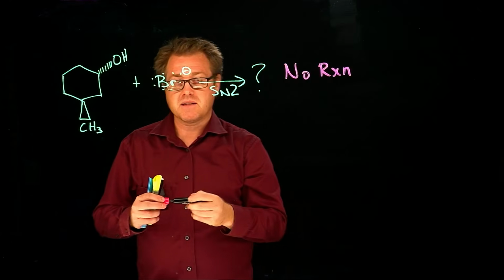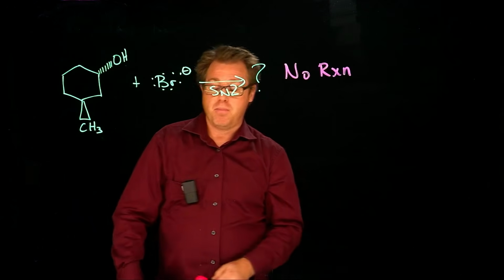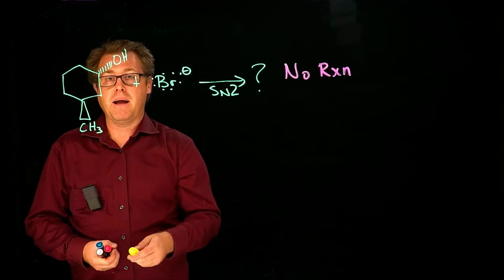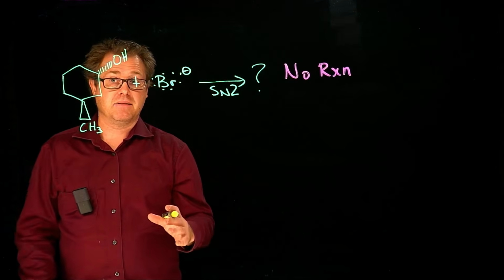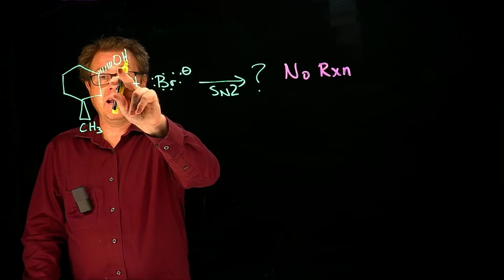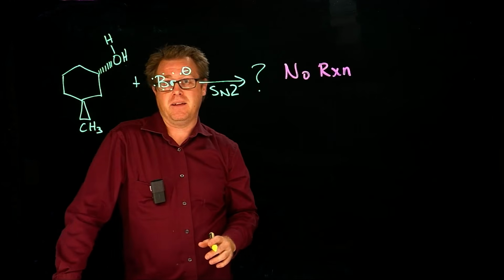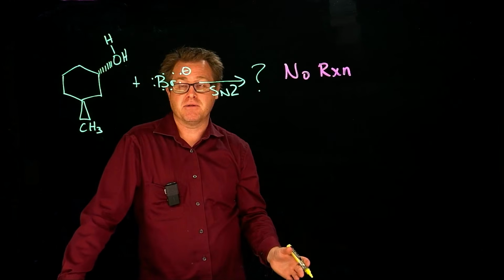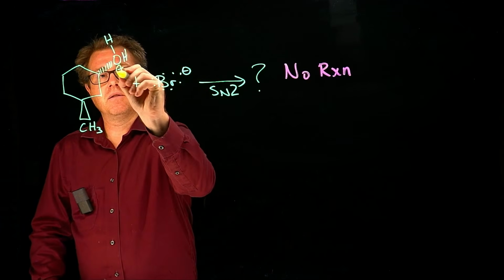Why is it not possible? Because we don't have a leaving group. But what's the cool thing about alcohols is that if you add a little bit of acid, you can protonate that alcohol. And if you protonate it, doing acid-base chemistry that we have learned in previous chapters, what's going to happen?